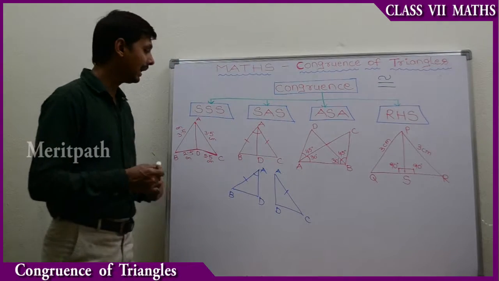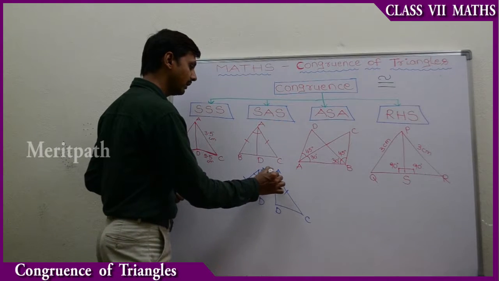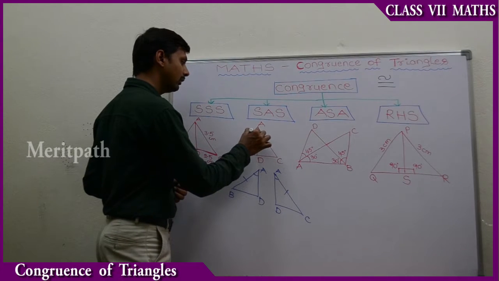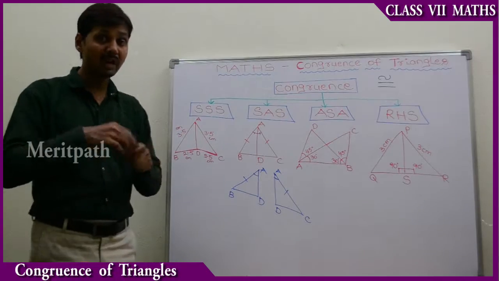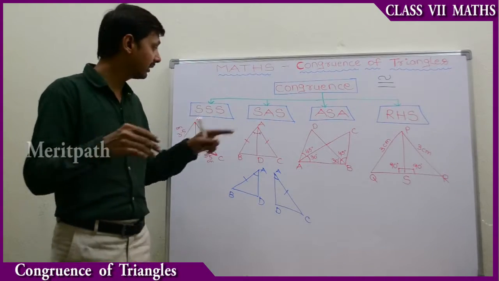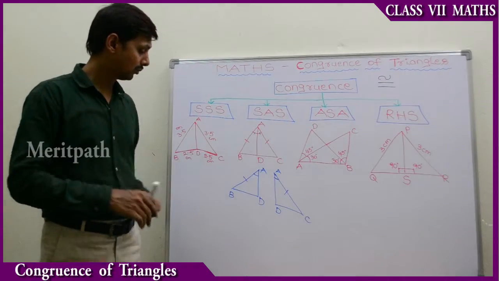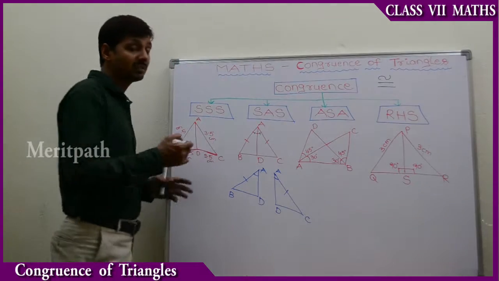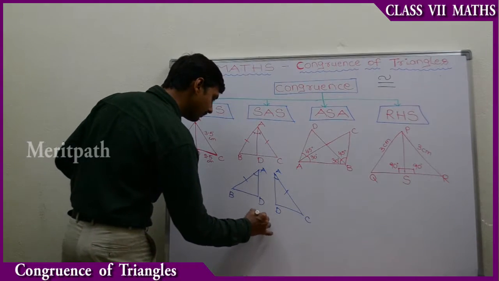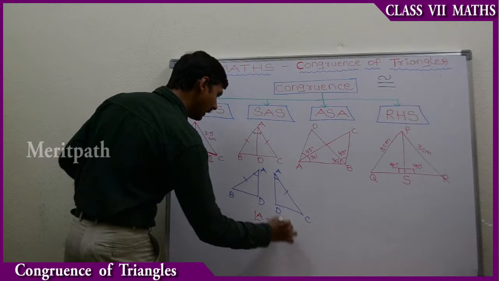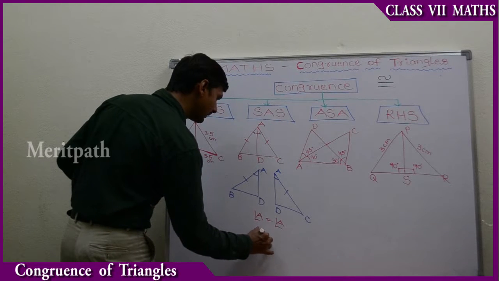And we can understand what angle is formed here. Both the angles are equal. Angle A is divided into two equal parts. Let's write these parts of the triangles. Angle A is equal to angle A, both angles are equal, and AB is equal to AC.